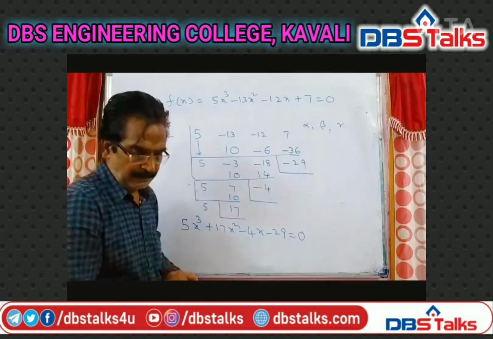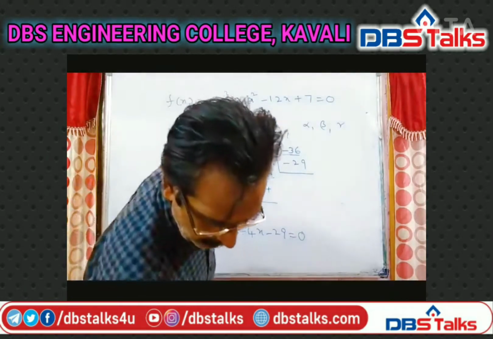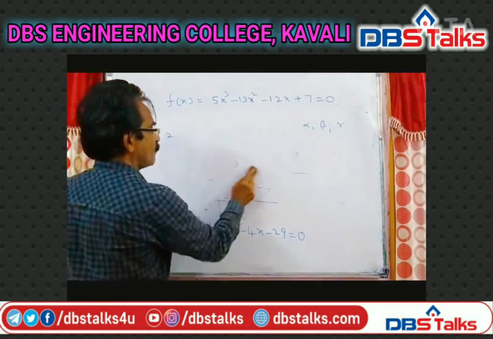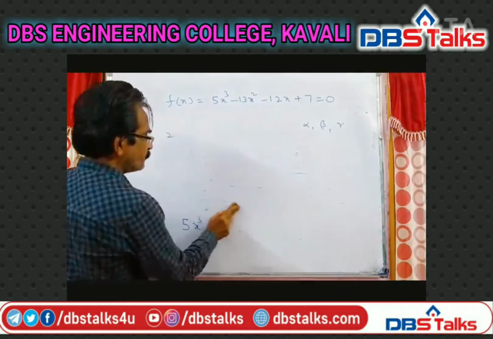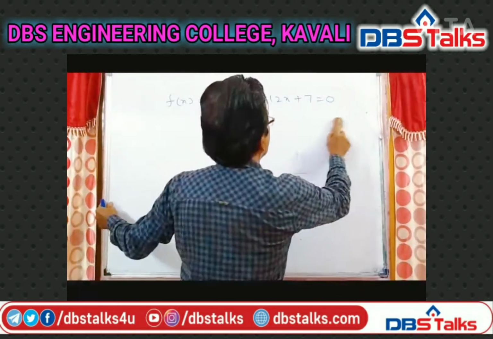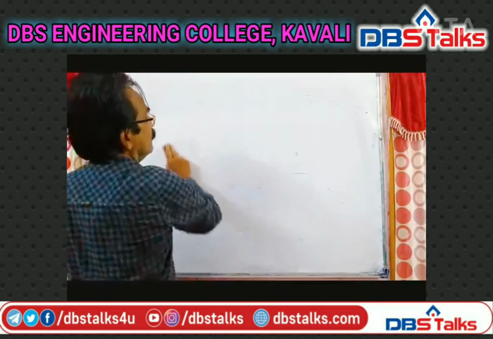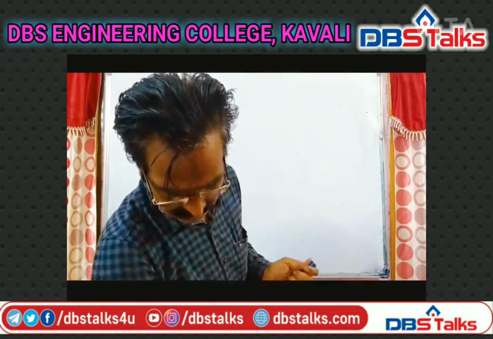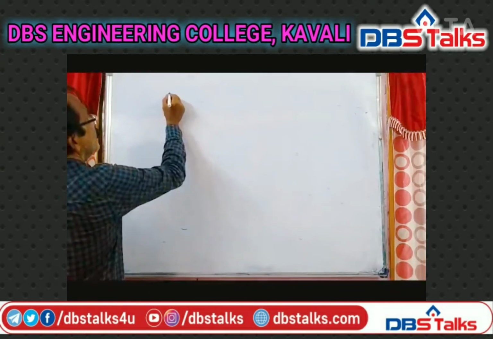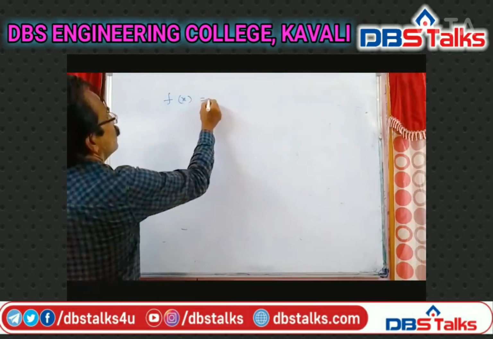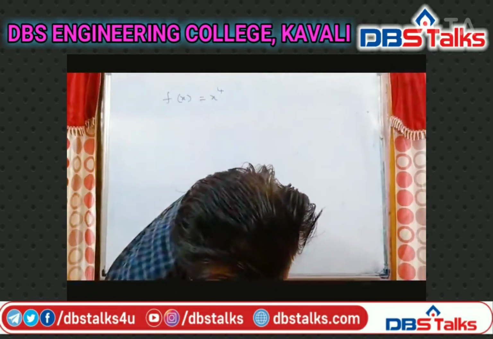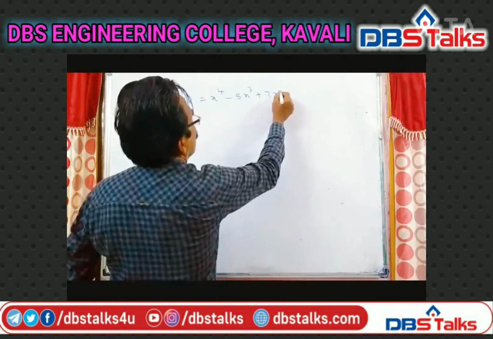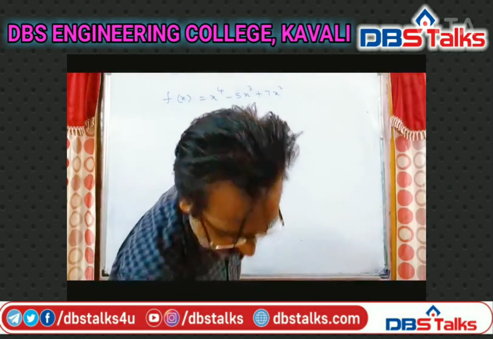Next we shall do one more problem. Next problem, friends: f(x) is equal to x power 4 minus 5x cube plus 7x square minus 17x plus 11.